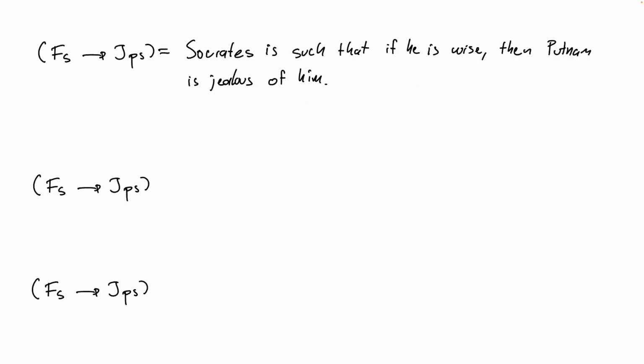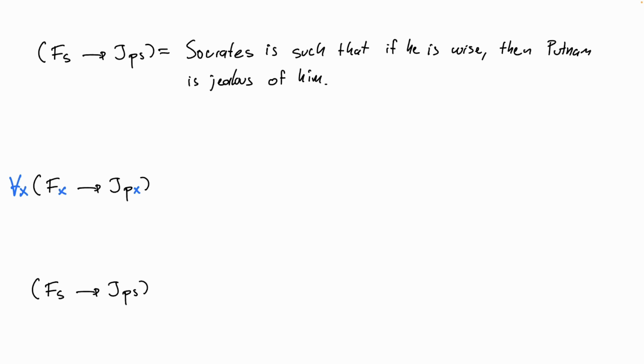Now, seeing the formula if FS, then JPS as attributing a certain condition to Socrates, we can make sense of what's being said when we take that formula and quantify on S. If we universally quantify on S, yielding the formula for all x, if Fx, then JPx, that takes the condition being attributed to Socrates by if FS, then JPS, and attributes it to everyone.